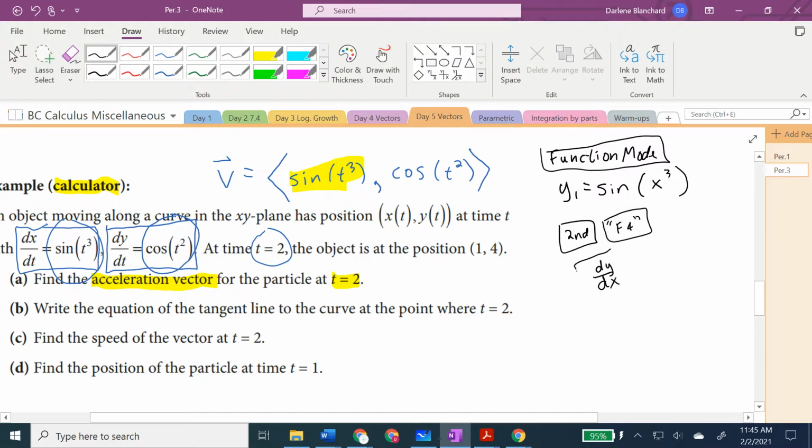After you push enter on dy/dx, you're just going to push 2. Enter. And it will tell you the slope. That is your x component of acceleration. Then do the same thing again, but for the second function.